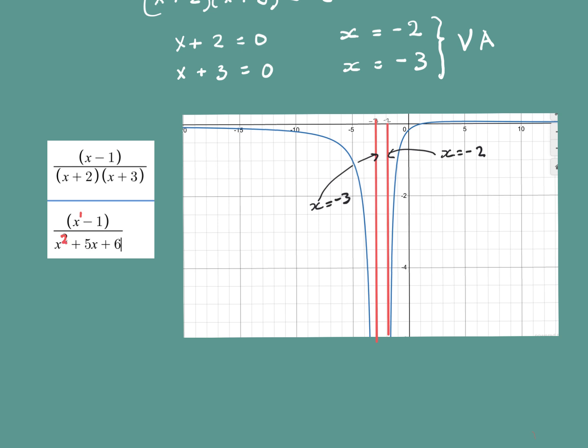So the numerator is of smaller degree than the denominator, and this indicates that there must be an asymptote where y is equal to 0. And so we also have a horizontal asymptote, which is going to be y is equal to 0, and you can see it in here on the yellow line.